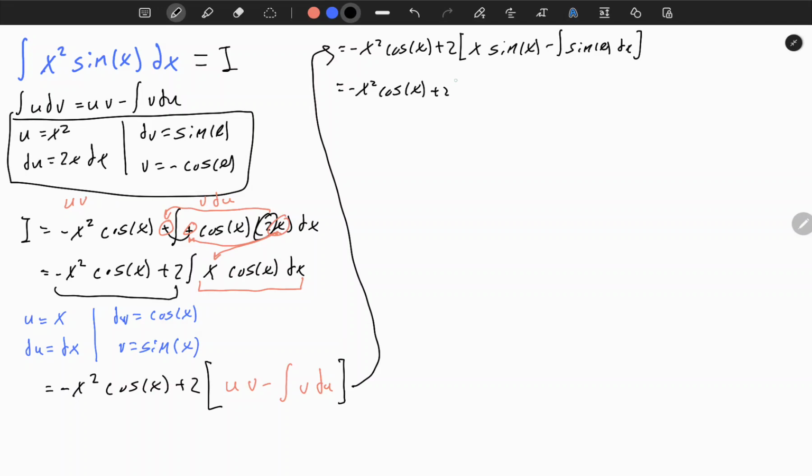Which then that would give us, this part here would just stay the way it is as of right now. So it'd be x sine x, and then we get the entire integral of sine, which we know will be negative cosine x.